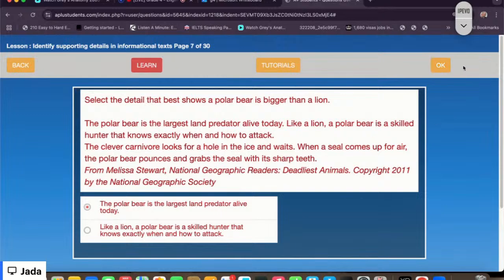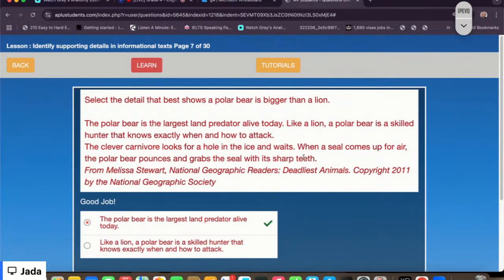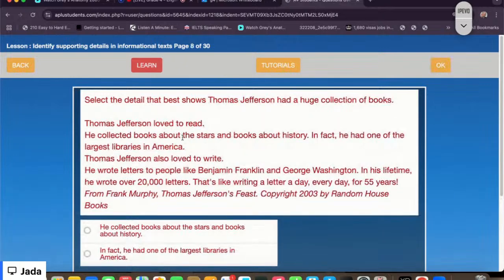All right, so the first one. Okay, good guys. So select the detail that best shows Thomas Jefferson had a huge collection of books. So is it the first or the second?